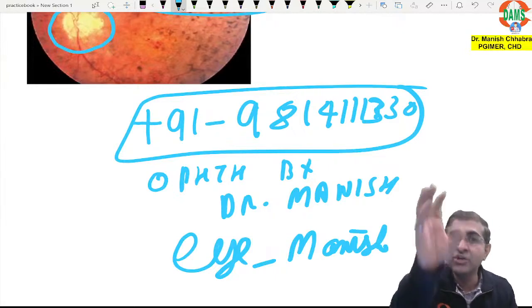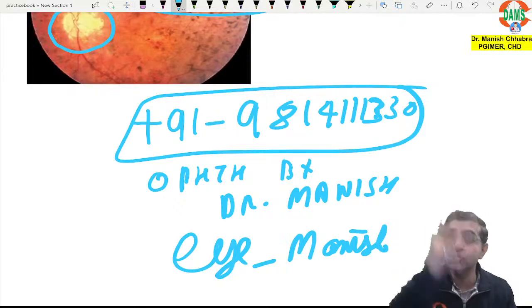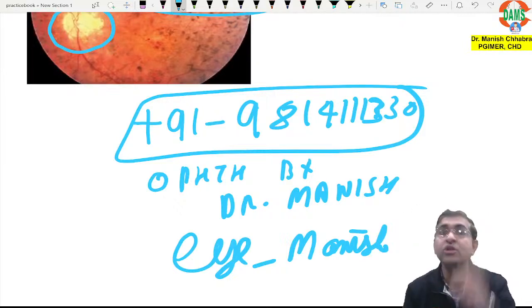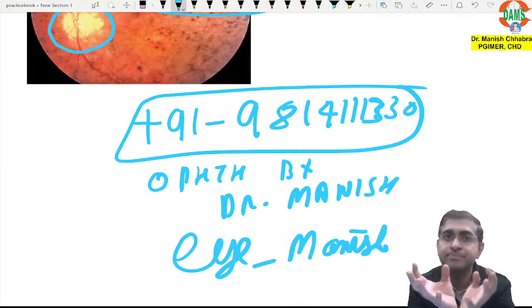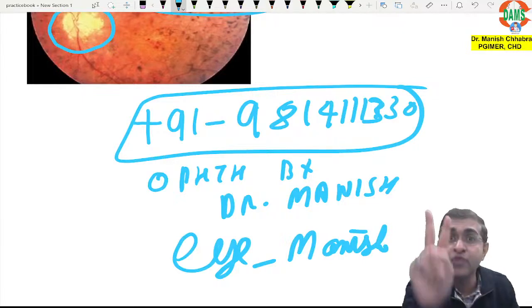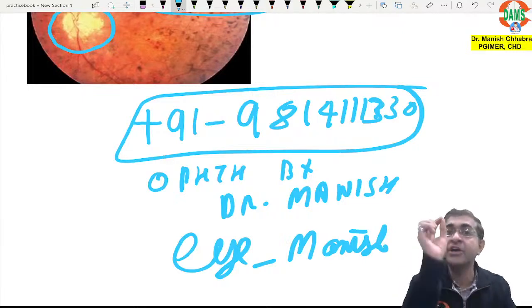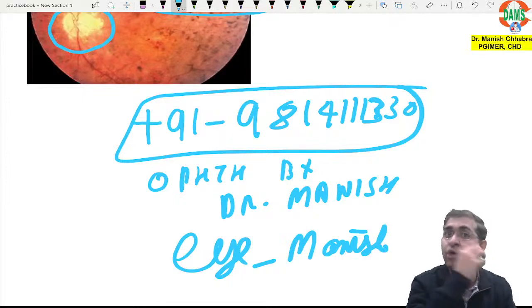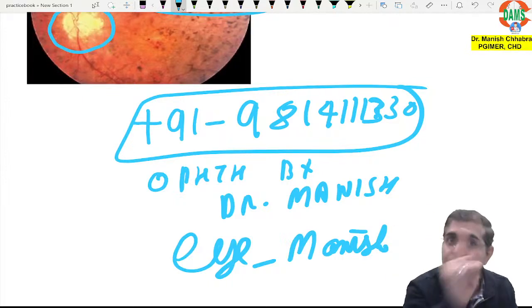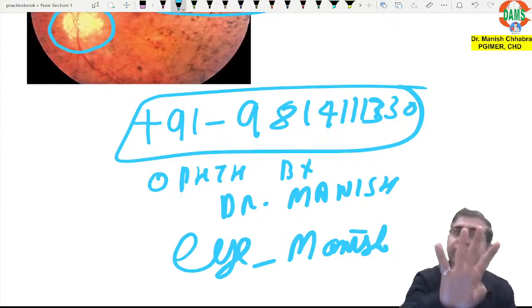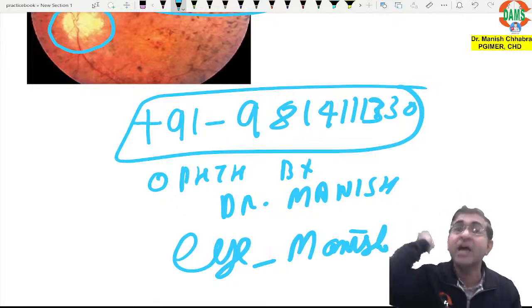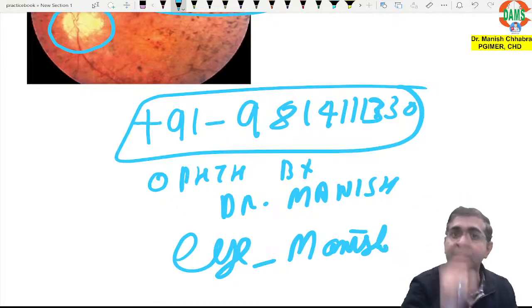Moderate: microaneurysms, dot blot hemorrhages. In severe, there is a 4-2-1 rule. Hemorrhage in all the 4 quadrants, venous beading in 2, and 1 IRMA, intraretinal microvascular anomaly. So out of 4-2-1, any one should be present: either hemorrhage in 4 quadrants, or venous beading in 2, or 1 IRMA.